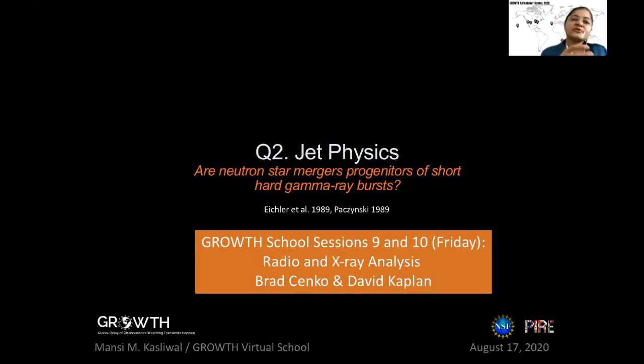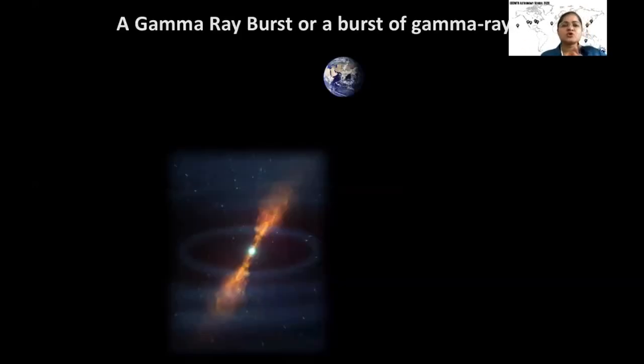Now, what you learn from the radio and X-ray here, you can't learn from any other piece of the electromagnetic spectrum. So you may have noticed that I was using this phrase burst of gamma rays instead of gamma ray burst. It should become clearer why I'm being so particular about the words after the next few slides. So what is a gamma ray burst?